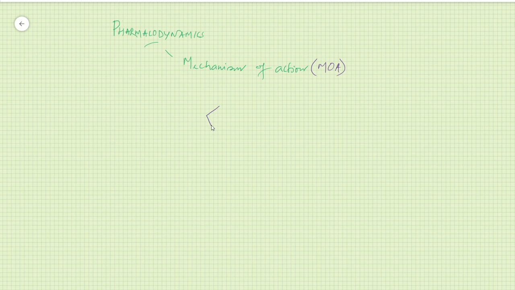So the first step in the folic acid pathway is what happens to para-aminobenzoic acid, PABA. This is the structure of PABA. What is PABA again? Para-aminobenzoic acid.